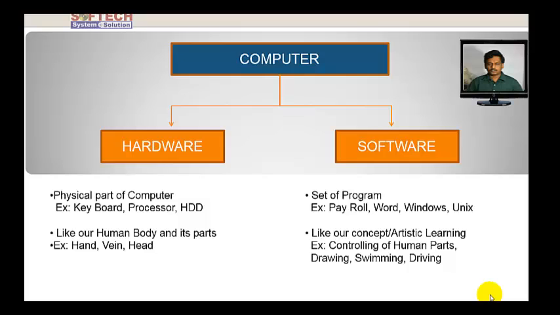So two kinds of division are available in the human system. One is the human parts. This is the hardware of the human system. Another one is the program already stored at the time of birth. That program controls and manages and provides the connection and function of all human parts. After controlling and managing the human parts, we can do different types of work, that is drawing, swimming, building, construction, bike mechanism.